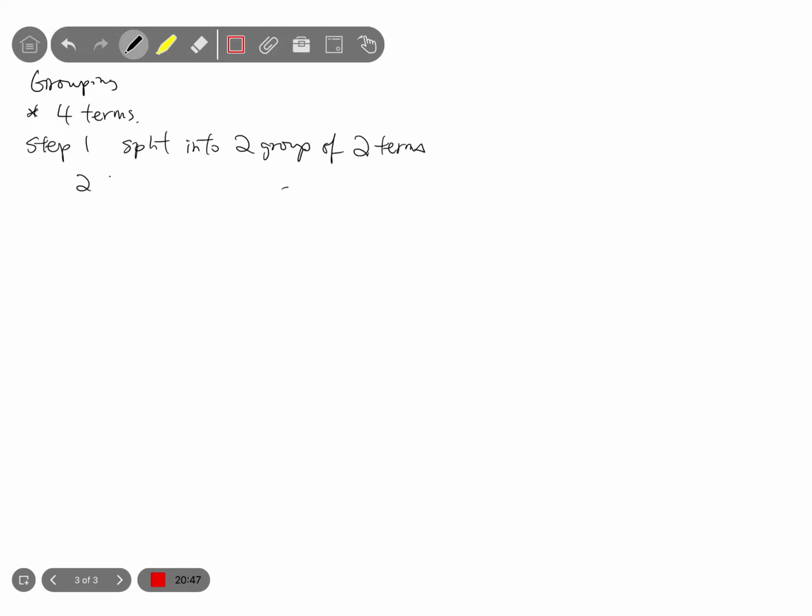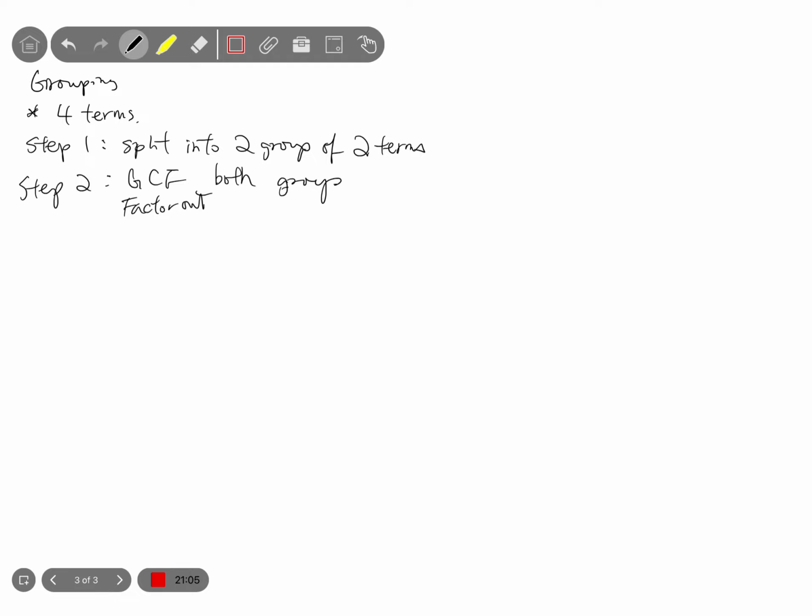Step 2, GCF both. So you need to factor out the GCF of both groups. Okay, so we'll stop right here for now.